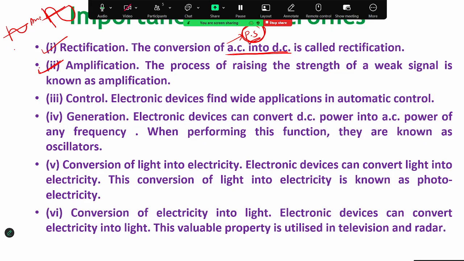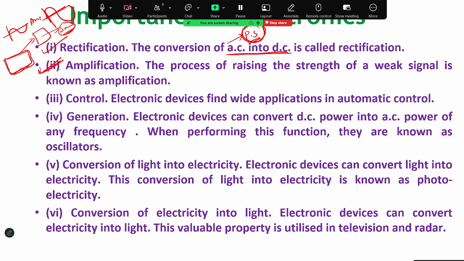The mic converts a sound signal into an electrical signal. It is given to a box, the amplifier, which amplifies that signal. Again it is given to the speaker, which converts the electrical signal into a sound signal. So there we use amplifiers.